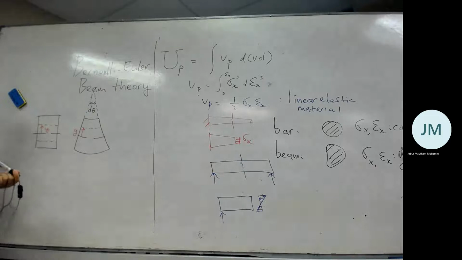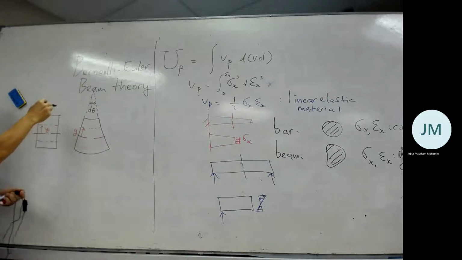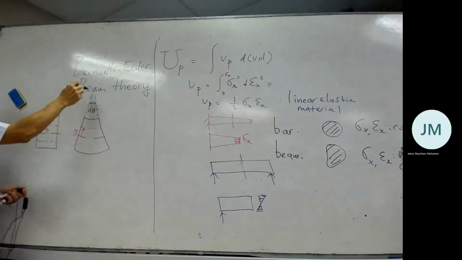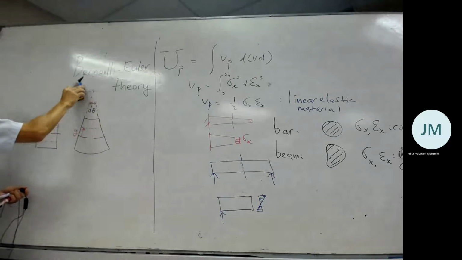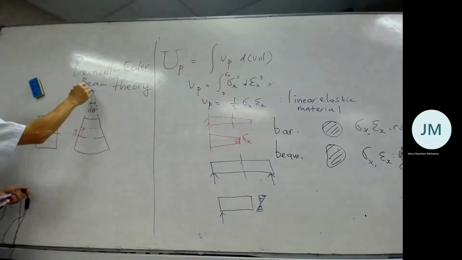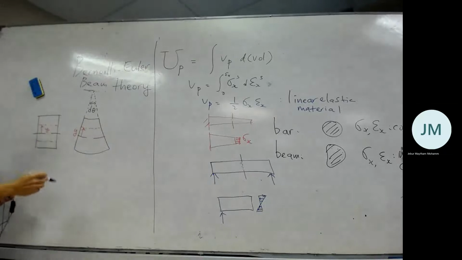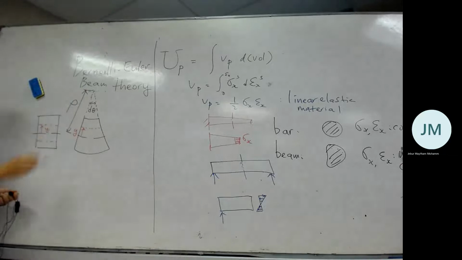And in bending, we have what we call the curvature, and that curvature is represented by a radius. This is the radius of curvature at that particular point.